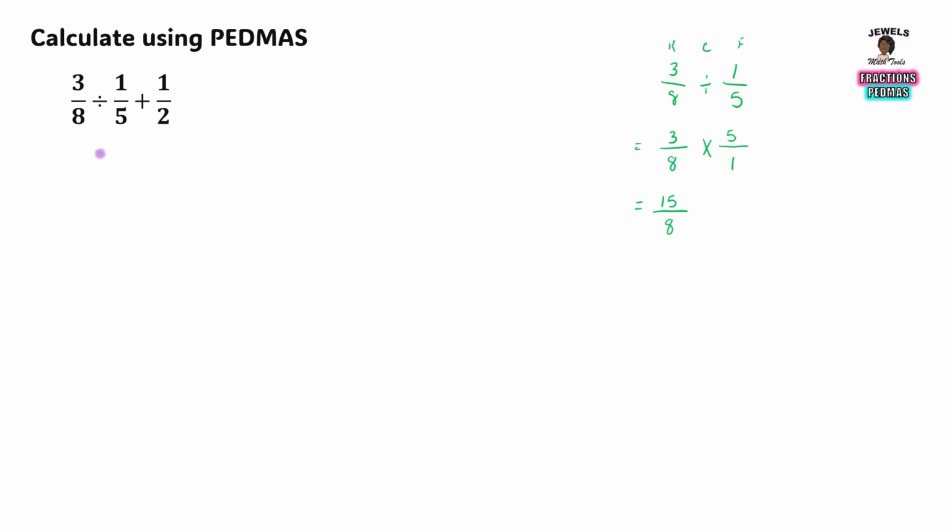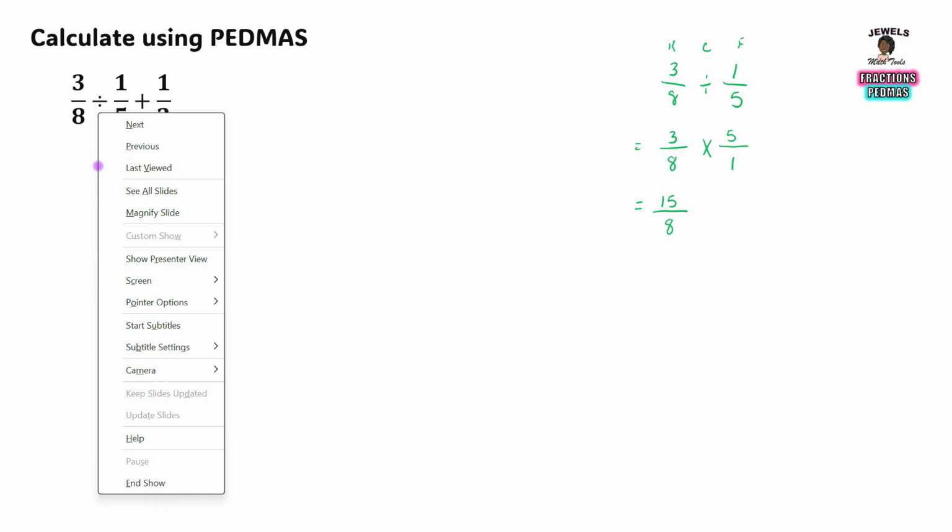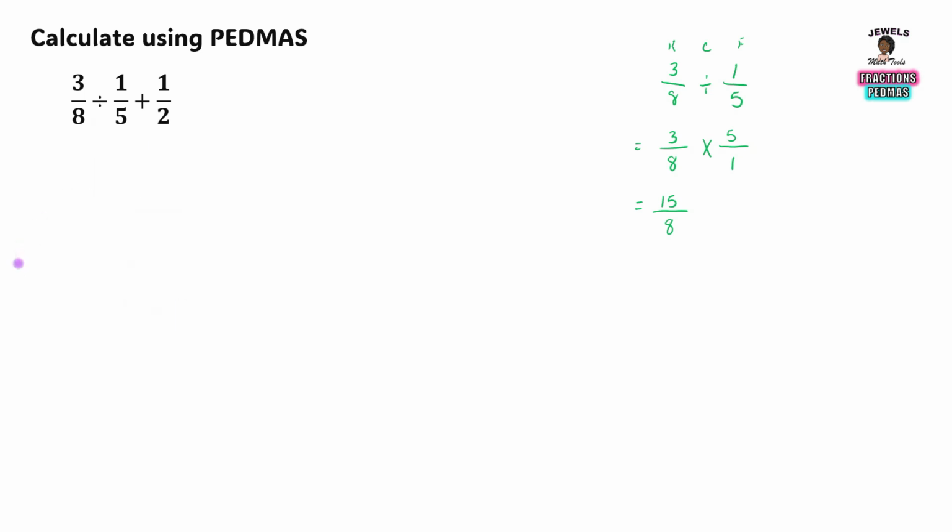Now in this case, there are many options that you can take. You can now decide to either A, leave the fraction as is, or you can convert it into its mixed fraction form and then plug it back into your question.